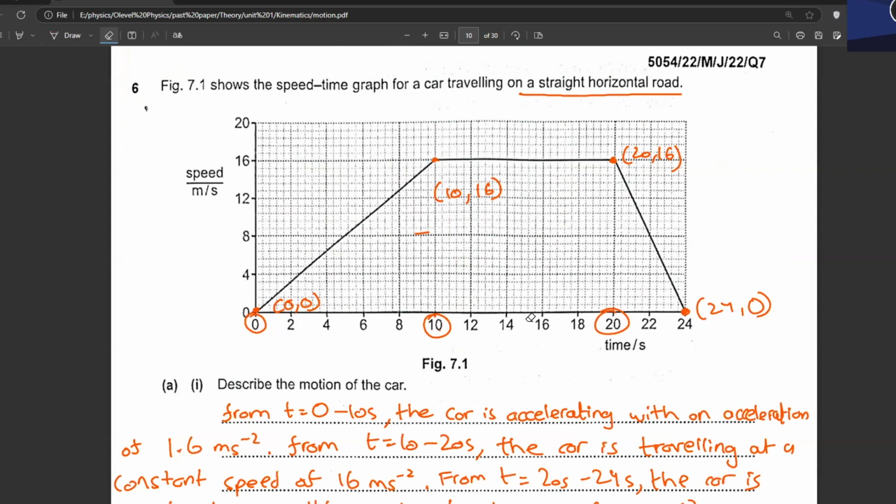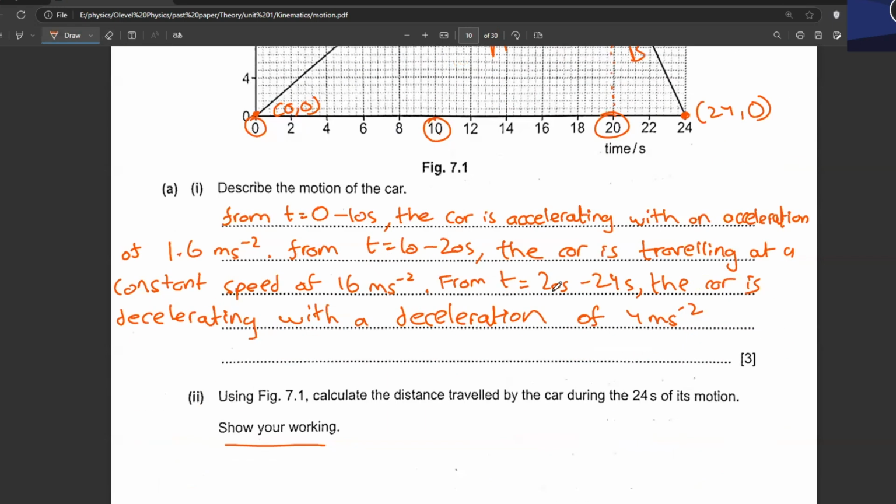If you see, this graph can be divided into two halves. One is a trapezium, one is a triangle. Let's say this is your shape A, this is your shape B. Let's calculate the area of A, that is a trapezium.